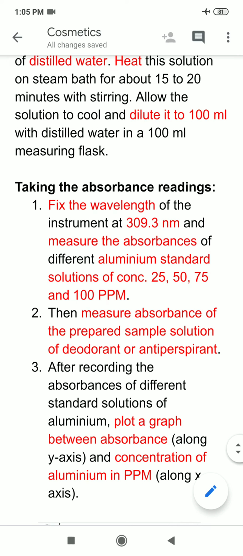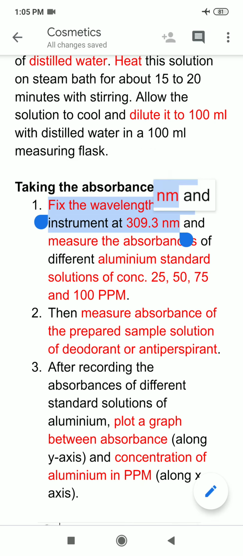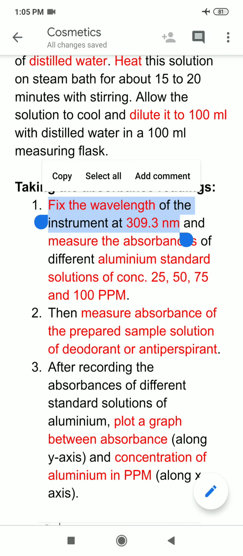For recording the absorbance, we need to fix the wavelength of the instrument at 309.3 nanometer. Once our instrument is ready for operation, we will set the wavelength at 309.3 nanometer.